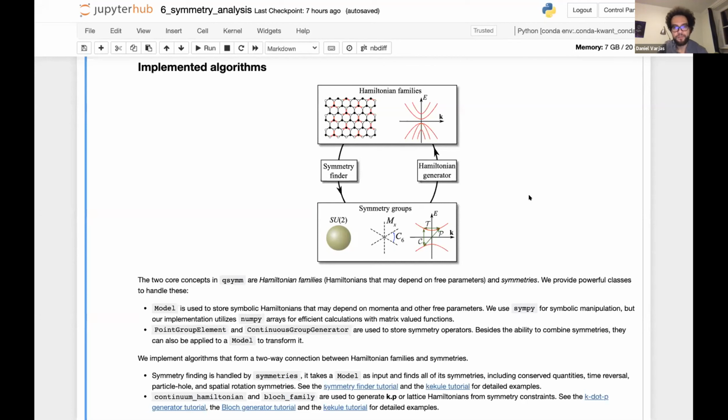When I say all possible, of course, there are infinitely many, but for example, for k.p models, you can specify what is the maximum power of k that you want to appear, or for lattice models, you can specify which types of hoppings you want to include in the system, and then you get all the possible terms that can appear.